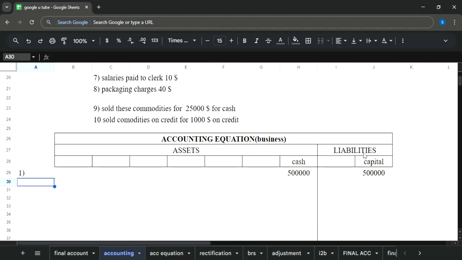That would be considered your liability. Once again, I'm telling you why it is a burden: because we are understanding this transaction according to the business perspective. For the business, it is liable to answer about this amount to the owner of the business.